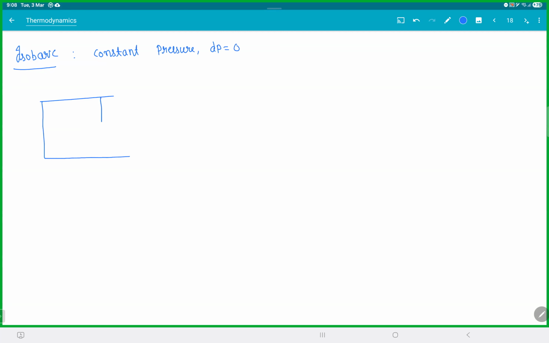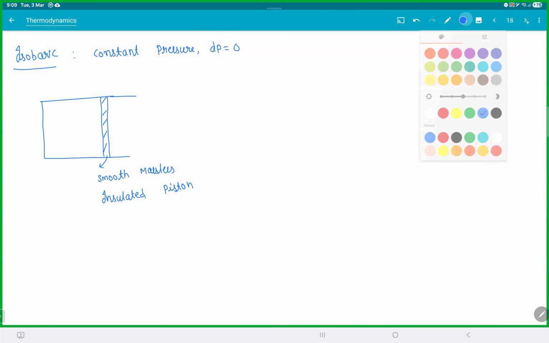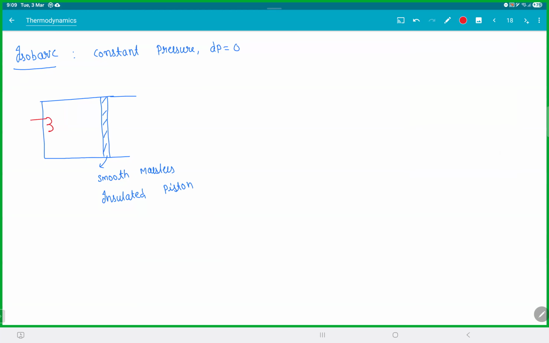You can take a container with a smooth massless piston. Now, what happens when it is massless? The pressure on both sides must be equal. The story is the same. The heater will give dQ heat and the temperature will rise by dT.